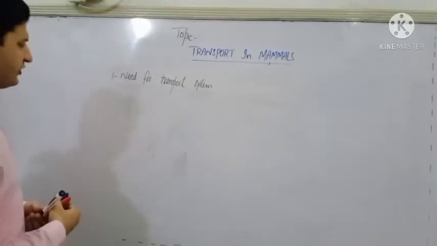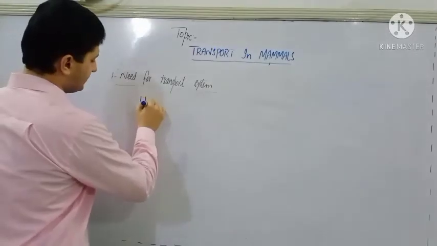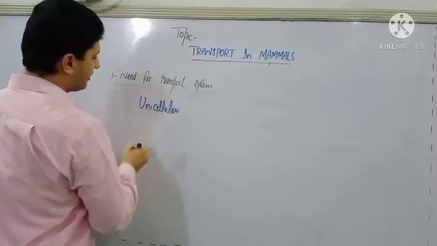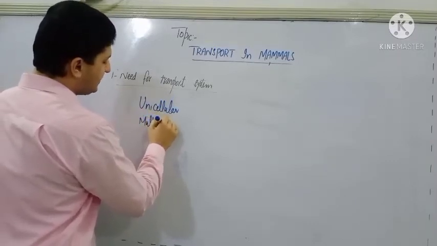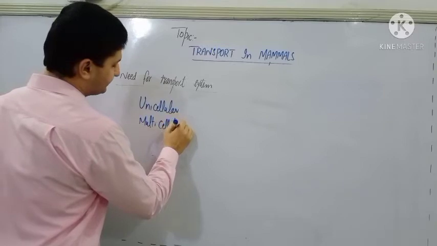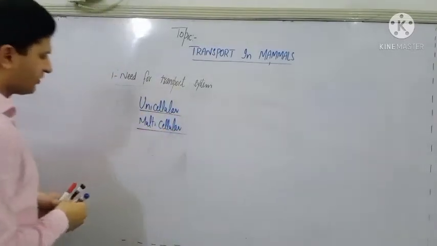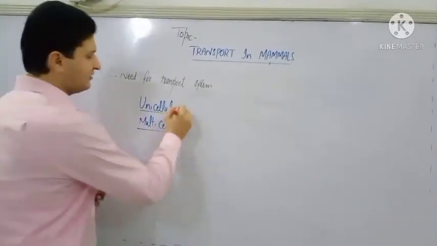First of all, we know that there are two types of organisms: unicellular organisms and multicellular organisms. We know that uni means one, cellular means cell.